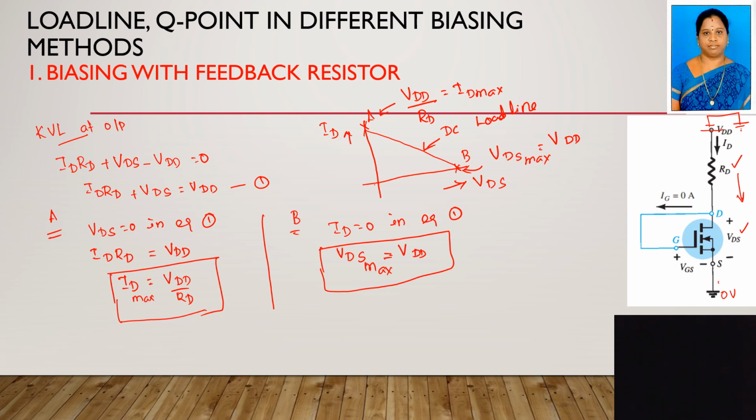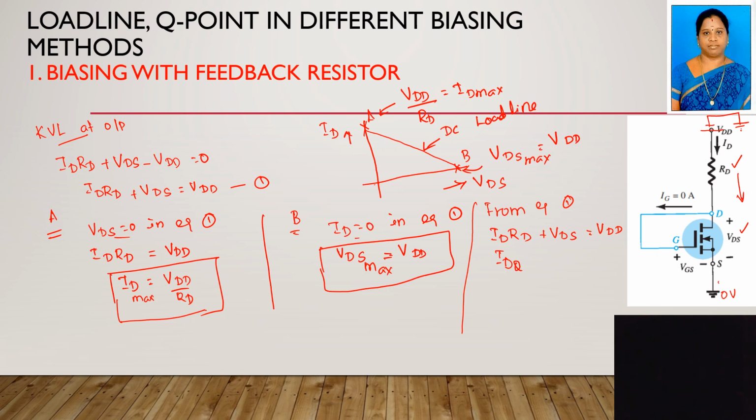Next, we see what is Q point. You have to take the same equation 1: ID into RD plus VDS equal to VDD. Here ID is nothing but the IDQ, and in this equation you do not substitute any condition like VDS equals 0 or ID equals 0.